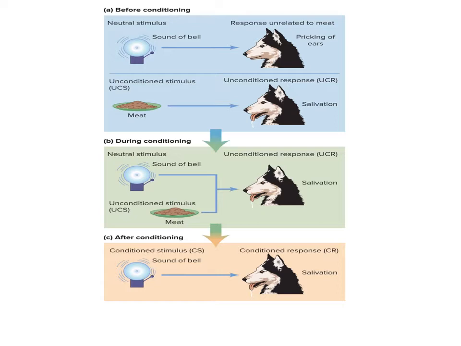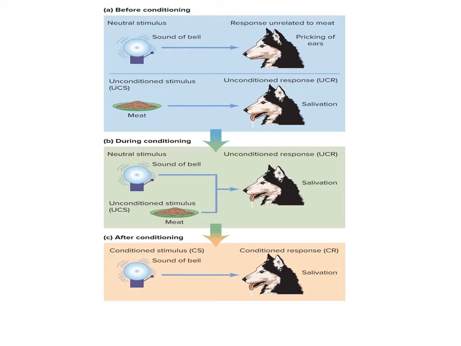So what's happening here is the ringing of the bell starts off as the neutral stimulus. Then the neutral stimulus is paired with the unconditioned stimulus, which is the meat or the food. The pairing of these two is causing salivation in the dog.